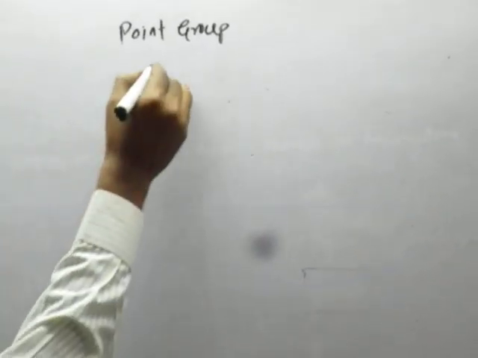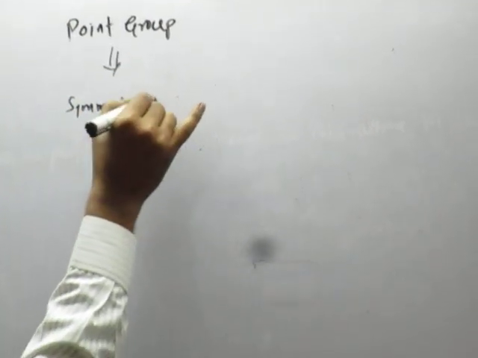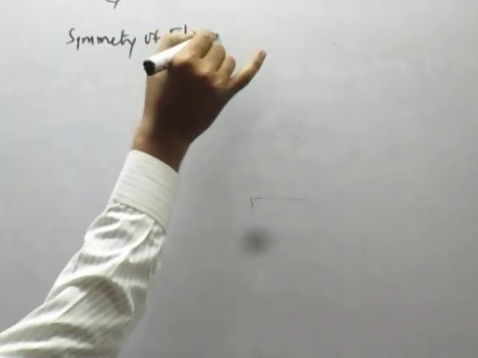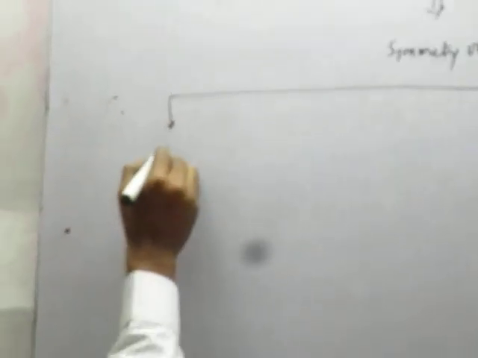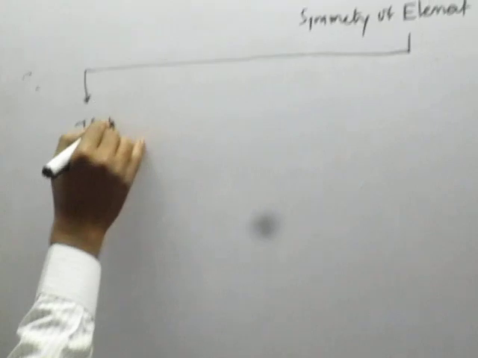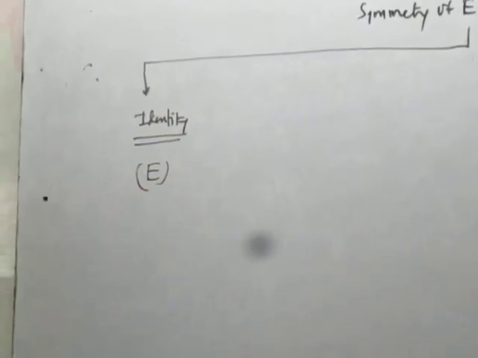Point groups are found by the symmetry elements. Those symmetry elements are classified as follows. First, identity: each and every compound has an identity of the molecule.